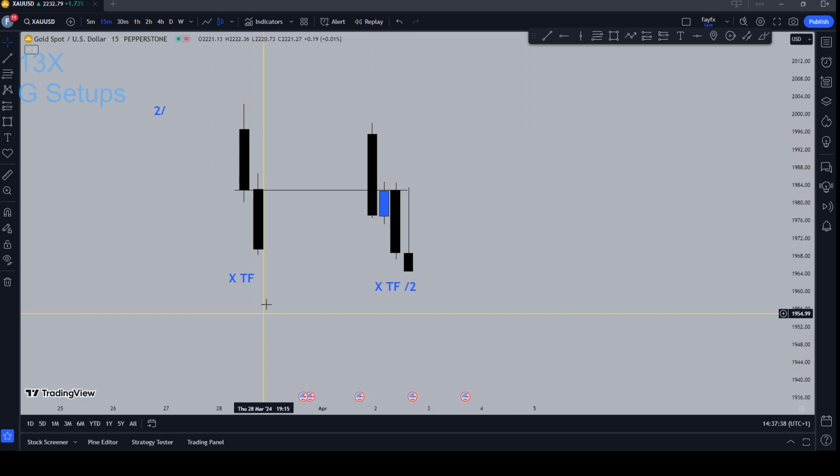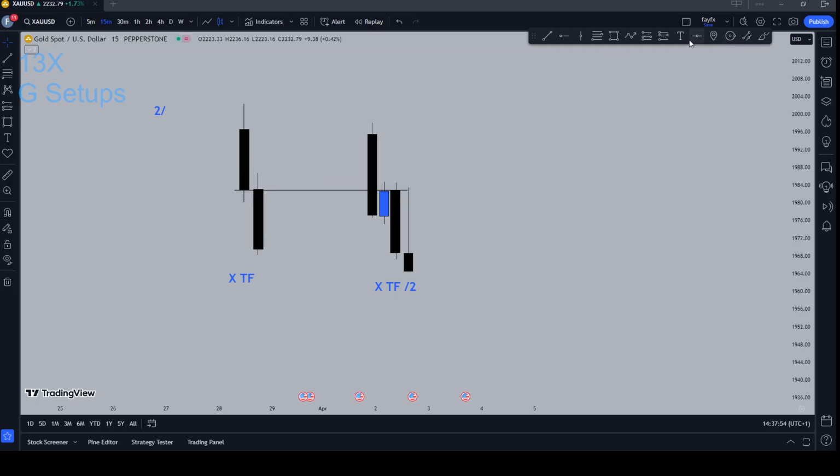So the next time frame, we have a fresh gap. And when we go one time frame lower, what we're going to find is a classic CC.